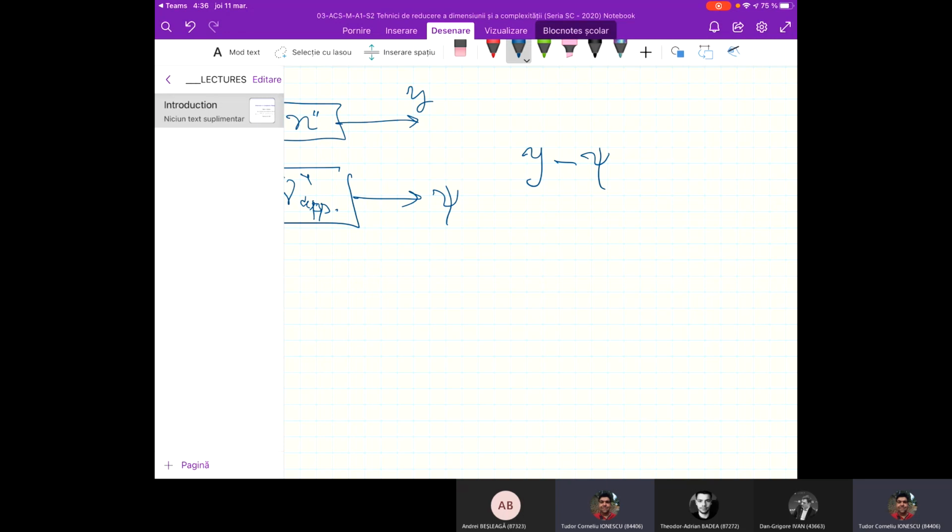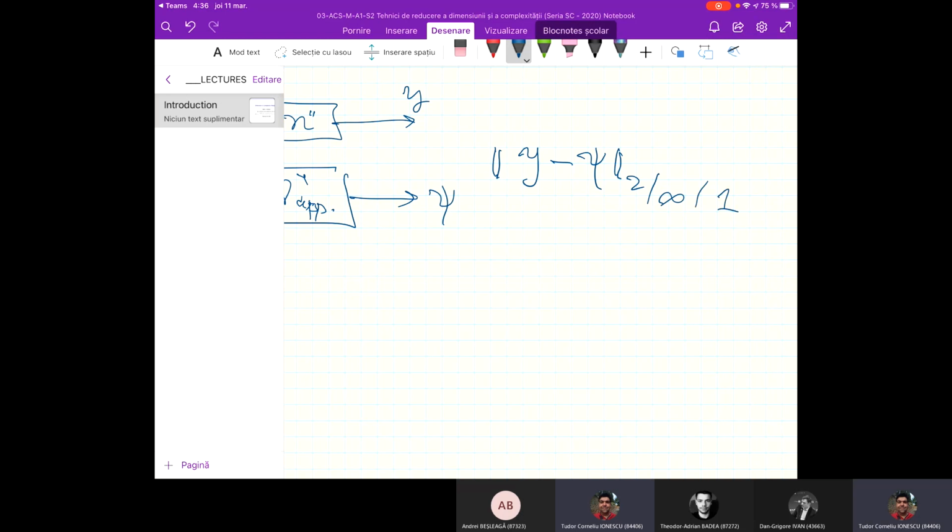How do you measure this difference? Because you cannot measure it like this. Using the square error? A norm. Using a norm. Square error is a norm, one of many possible norms. Of course, using a 2 norm, infinity norm, sometimes 1 norm, whatever norm is suitable for your application.